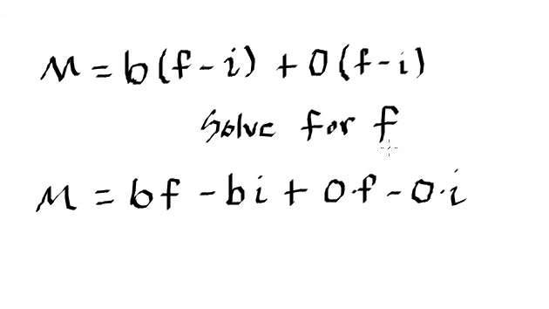Solve for F. What are we doing? I've forgot what I'm doing here. Okay. So I need to get this BI over to the left side of the equal sign and this O times I over to the left hand side of the equal sign. And because we have a minus BI, I'm going to add a BI to this side, but we also have to add one to the other side over here.